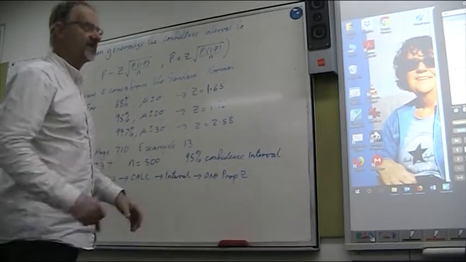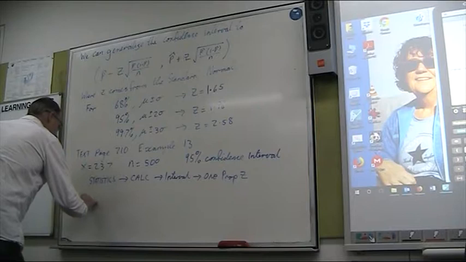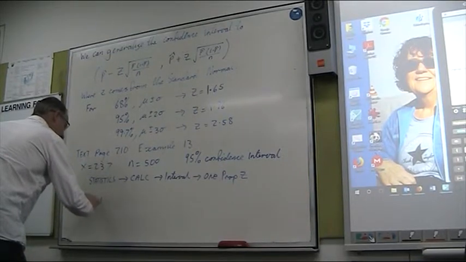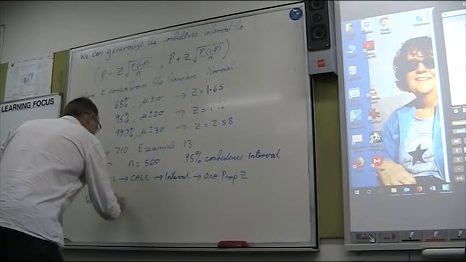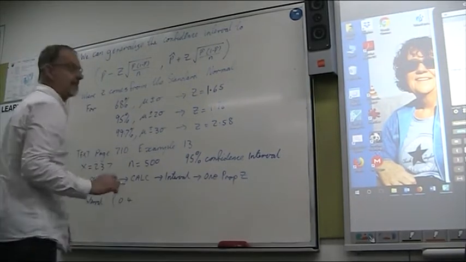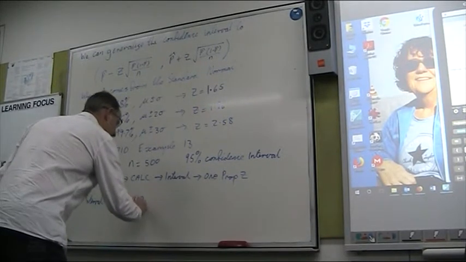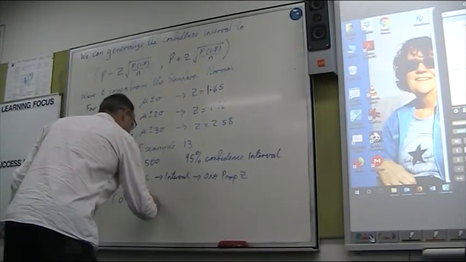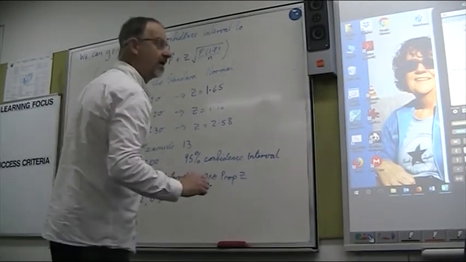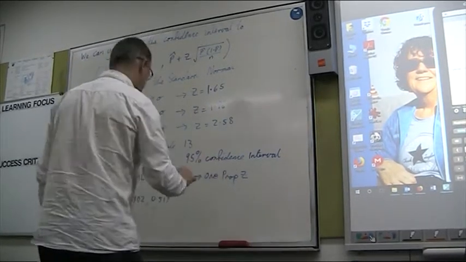So with 95% confidence, our interval, we are 95% confident that the population proportion would be between 0.302 and 0.5178.